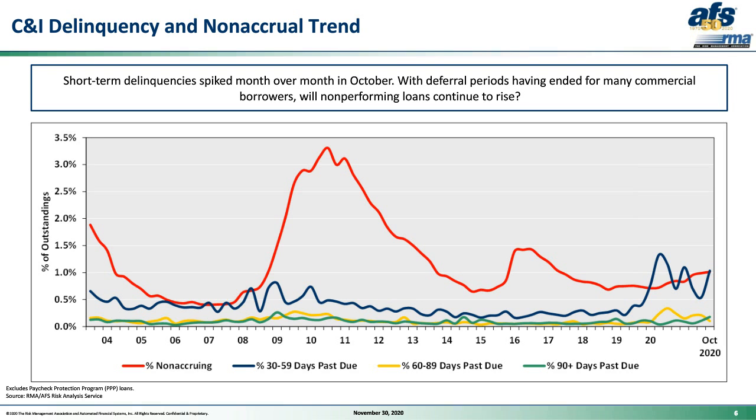Let's start with a look at loan performance, specifically the level of non-accruals and delinquencies. If you focus on the blue line, which is the percent of loans 30 to 59 days past due, you see that there's been a lot of volatility over the past year, year and a half.